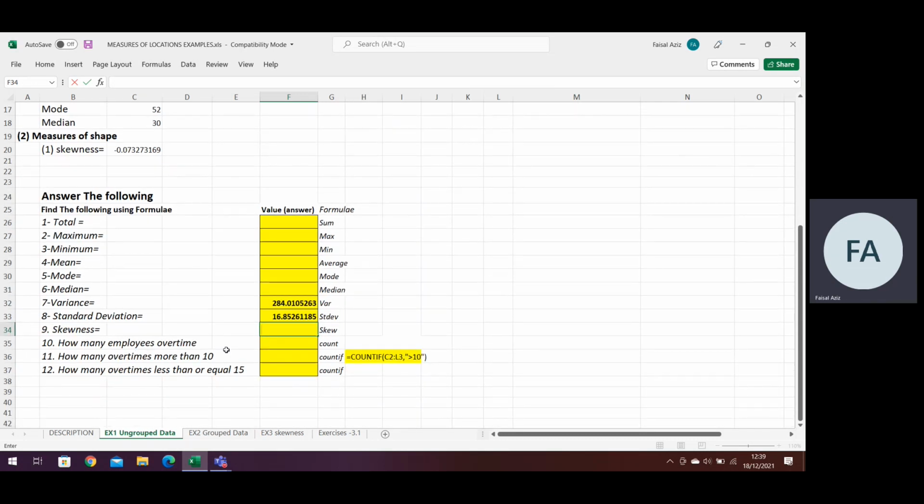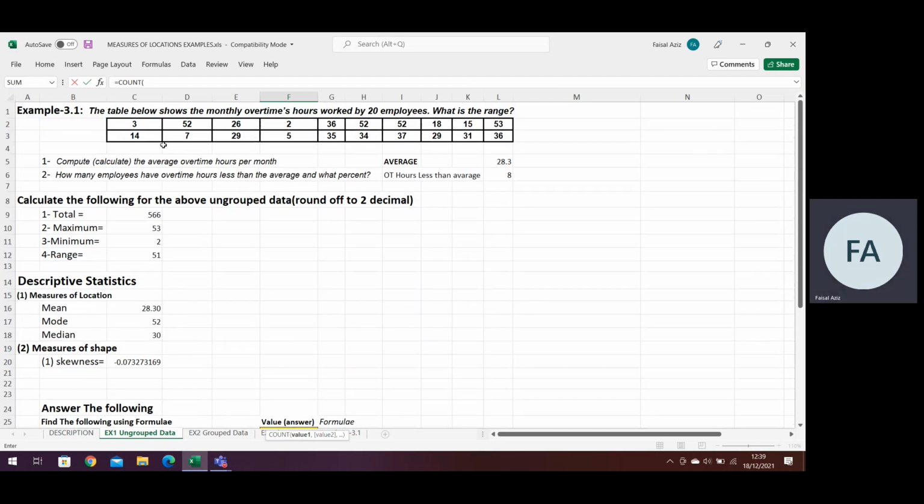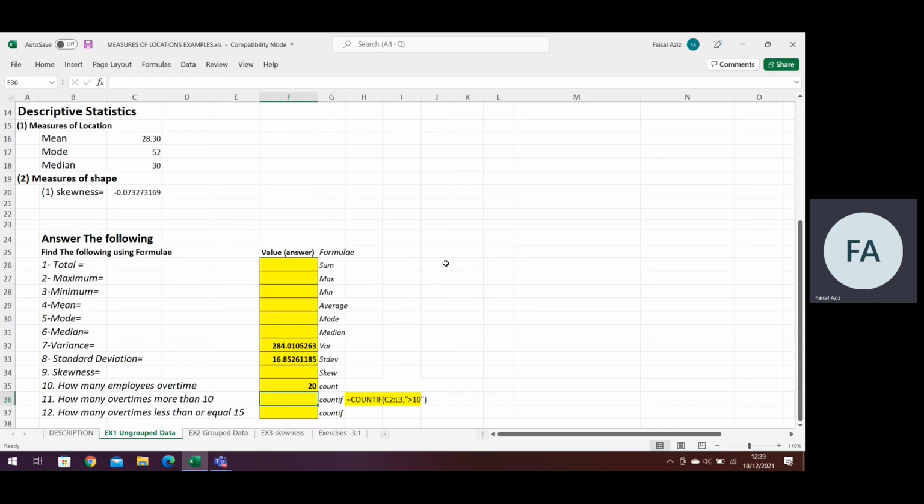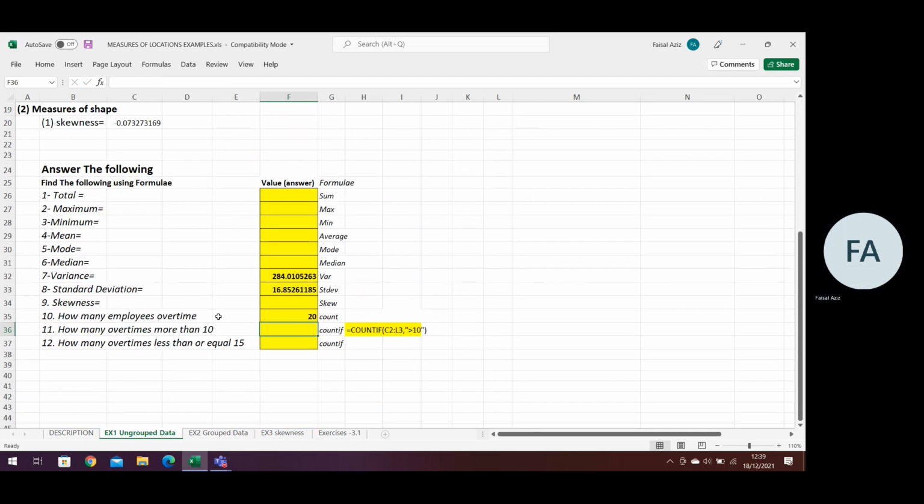And then how many employees overtime, meaning the observations in terms of total number, how many observations we are having. So this we can use a built-in function called count. Double click on count and again select this data, click enter, and then you will get the total number of observations. How many overtimes more than 10?